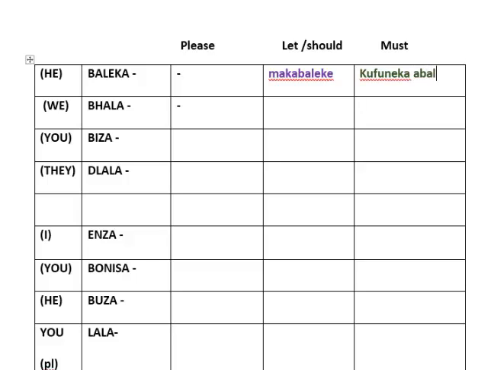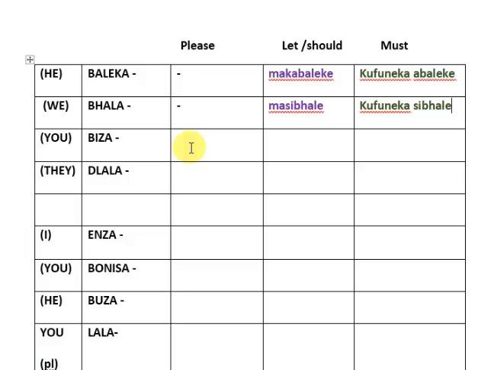Kufuneka abaleke. Using bala to write, and we are involved. So let us write something or other. Masibale, we must write something. Kufuneka sibale.